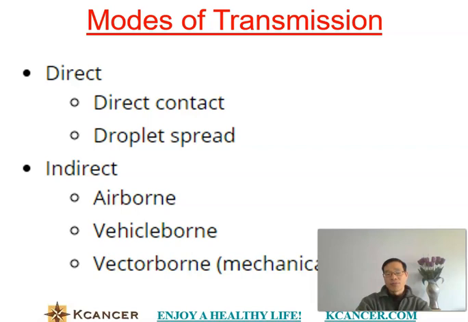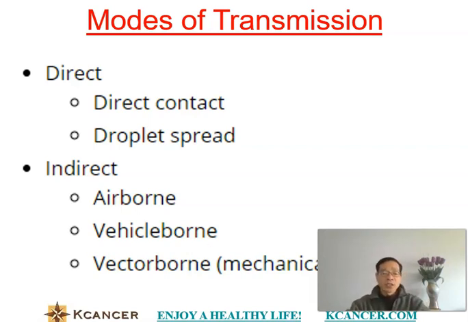So there is airborne transmission. And vehicle-borne means that anything that can come into contact with the virus can be the vehicle for the virus to transmit, like food we eat. If I'm infected and I share food with other people, because we share the food and the utensils, and that can be water and anything, there's a chance for the virus to pass from my body to everyone.